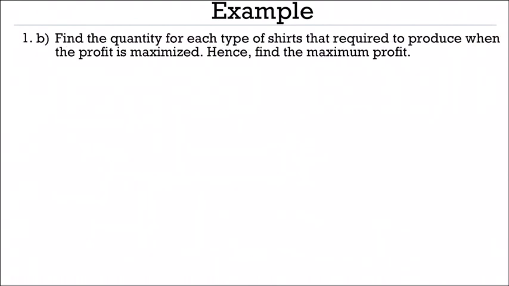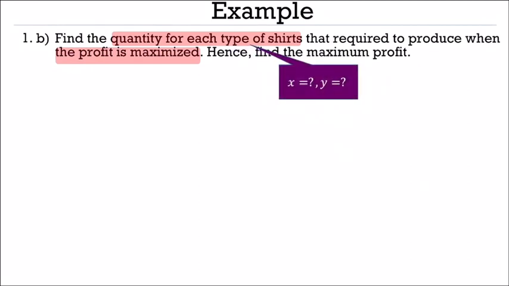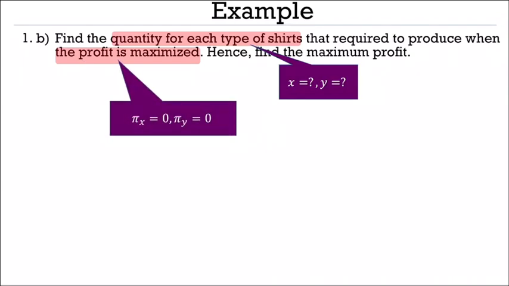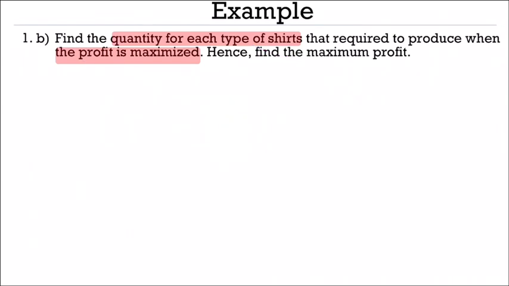Question 1b is find the quantity for each type of shirt required to produce when the profit is maximized. Hence, find the maximum profit. The quantity for each type of shirt when the profit is maximized means to find the values of X and Y when the first order partial derivatives are both equal to 0.